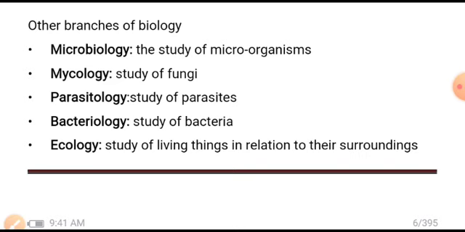Ecology covers the ecosystem and biodiversity, the community, the population, and even feeding relationships, such as food webs and food chains. They study how living organisms live and exist in their community or biodiversity, where they depend on one another. This system of study is what we call ecology, living things in relation to their surroundings.